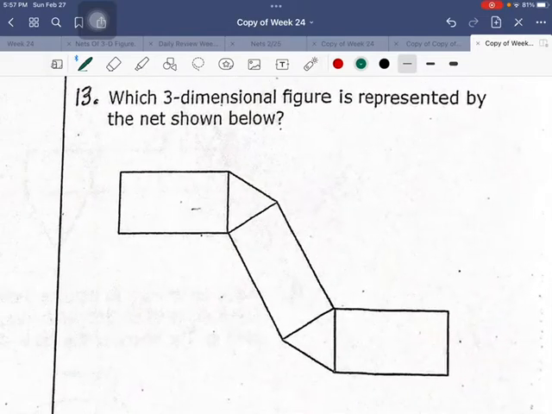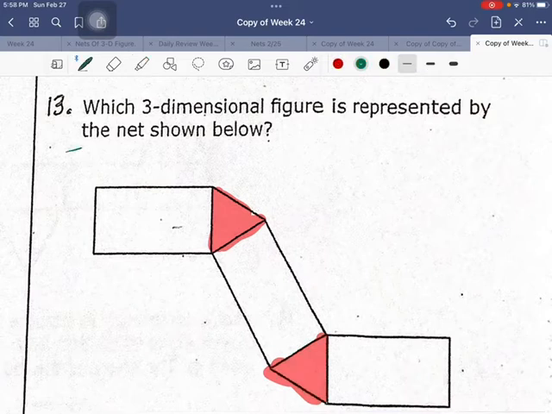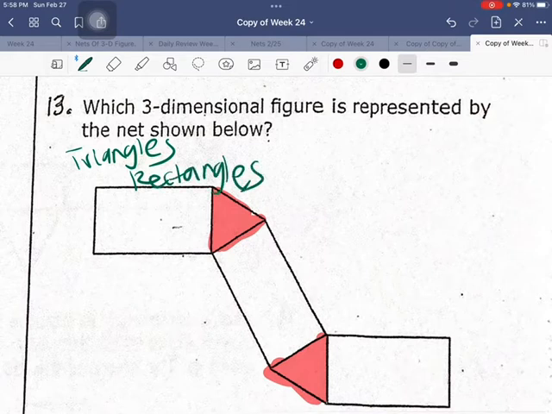Last one. Which three-dimensional figure is represented by the net shown below? Well, here, what do I have less of? What shapes do I have, actually? That's my question. I have triangles and rectangles. What do I have less of?